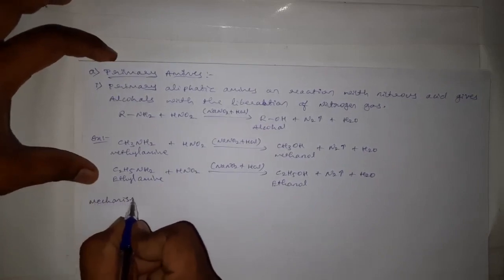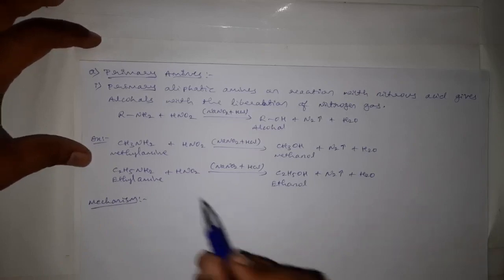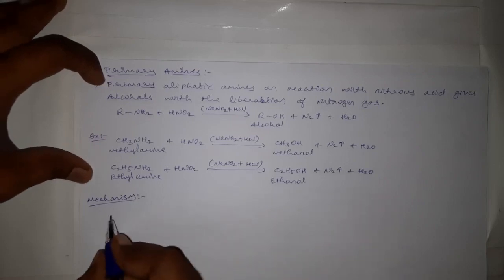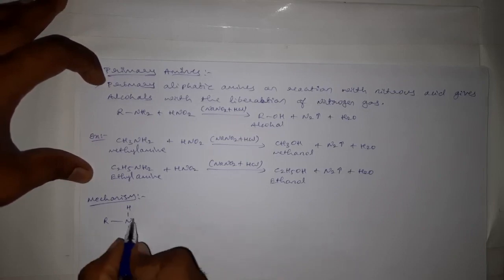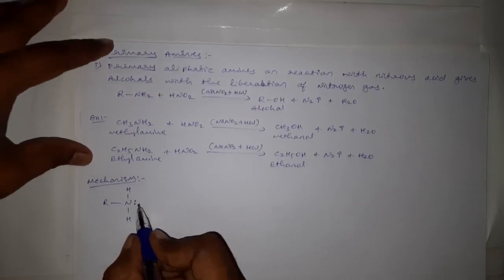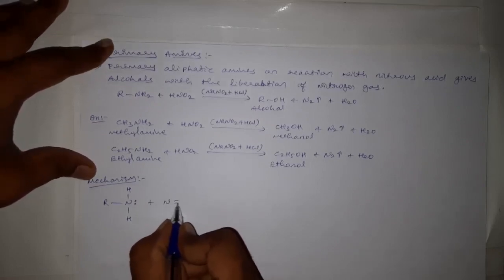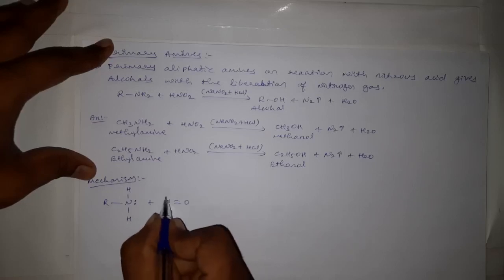We can understand the reaction of amine with HNO2 by this mechanism. See, we have a primary aliphatic amine of this type, in which the nitrogen has a lone pair of electrons.